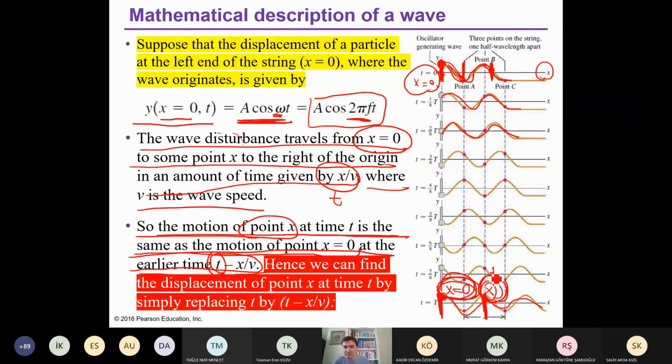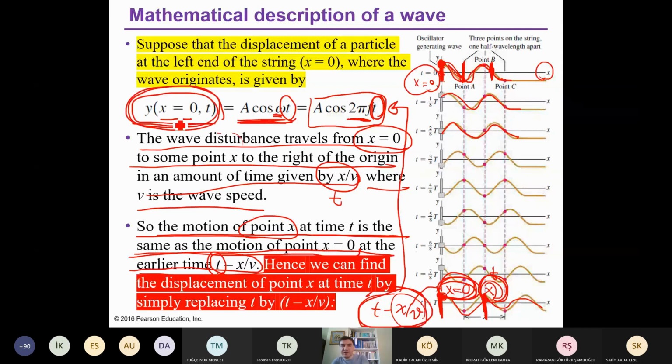This is also a time. Look at this expression. Here we have a time, here we have a time. Instead of this t, I can use this expression here in order to explain the periodic motion of the particle which stays at x equal to 0.